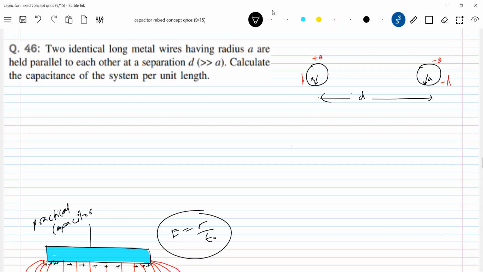What is the electric field due to a long wire? The electric field somewhere in between, at a distance x, let me take it. What is the expression for the electric field? Lambda by 2 pi epsilon naught x.